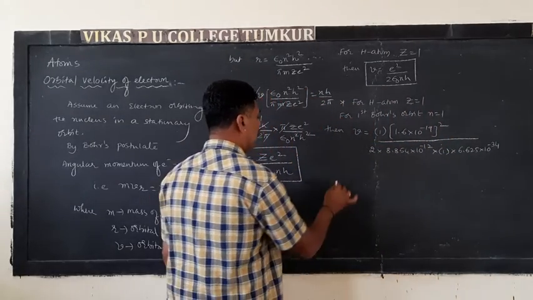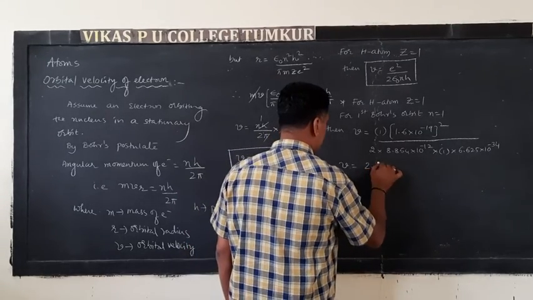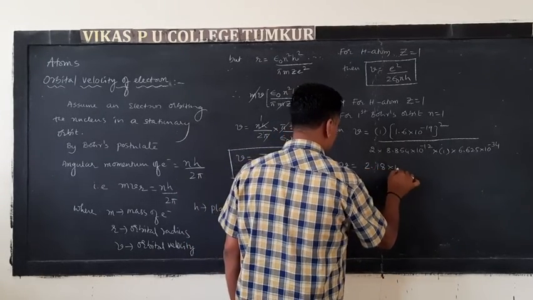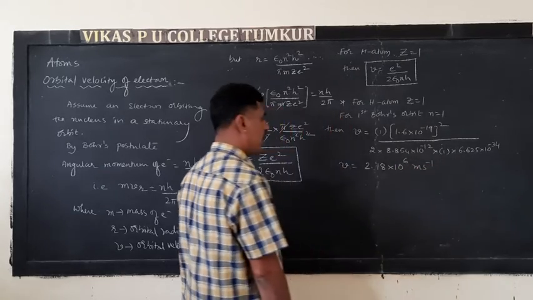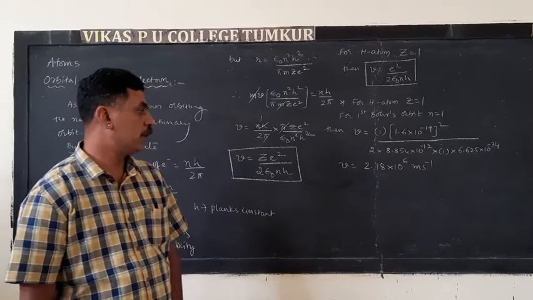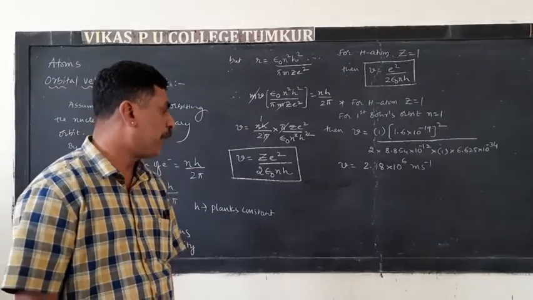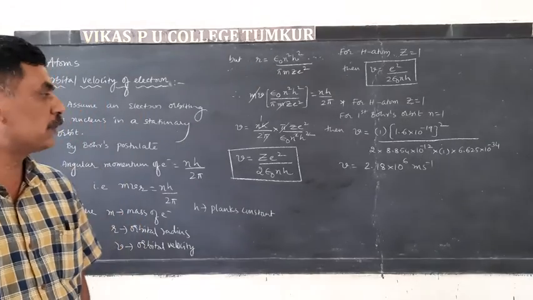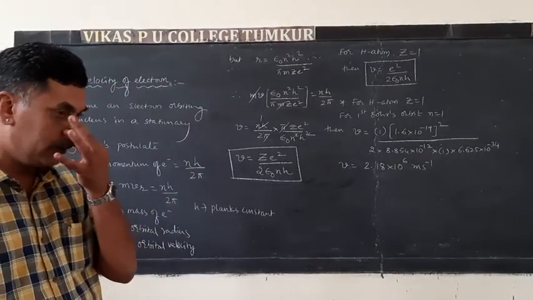Now if you evaluate this, you will get approximately, if not exactly, approximately you will get v as 2.18 into 10 power 6 meter per second. So you need to have this.